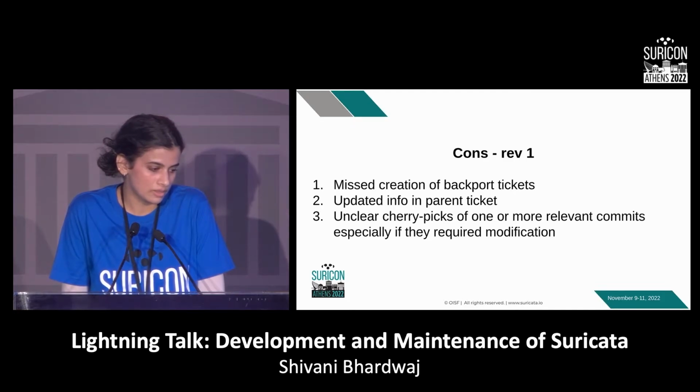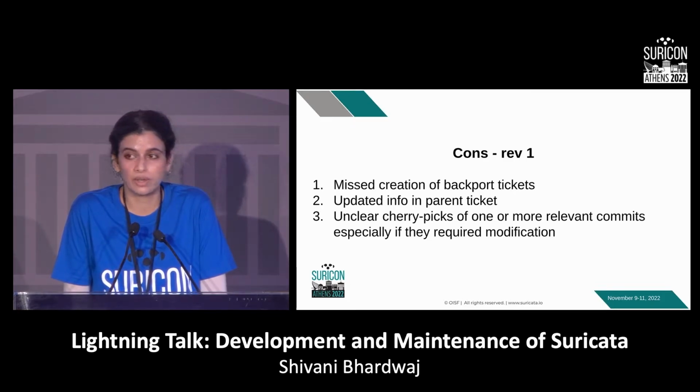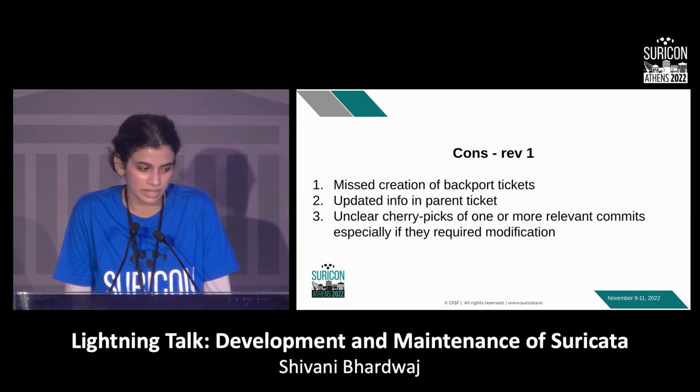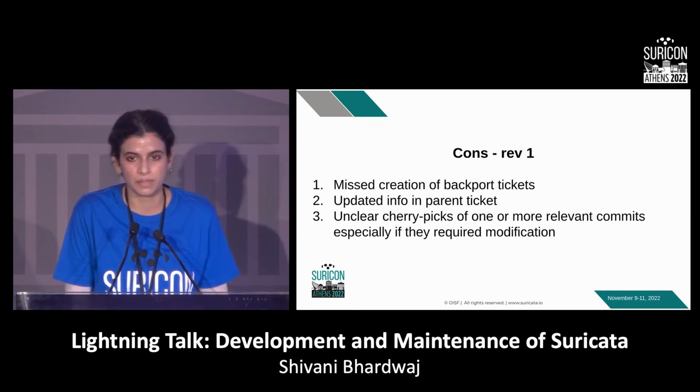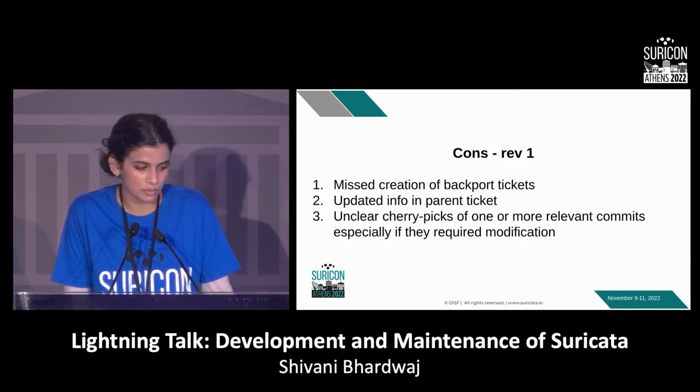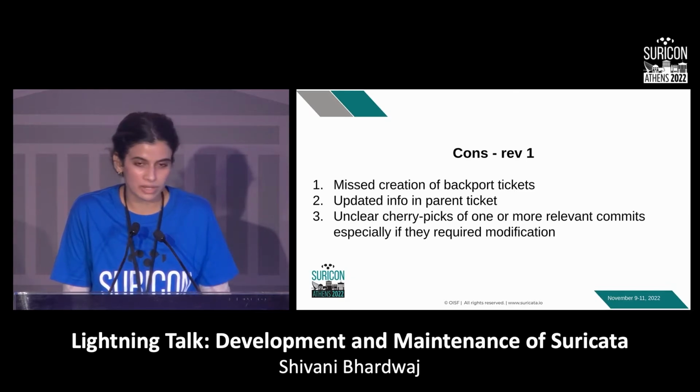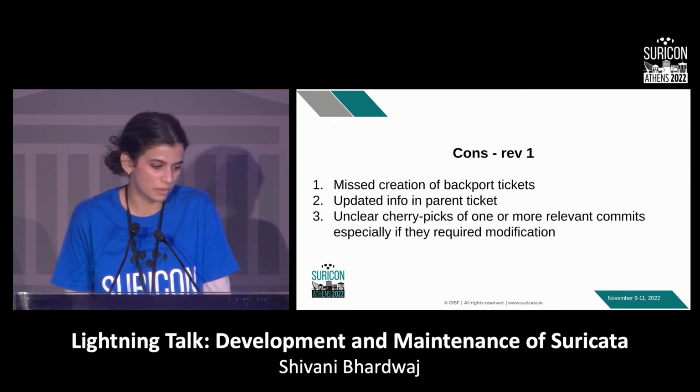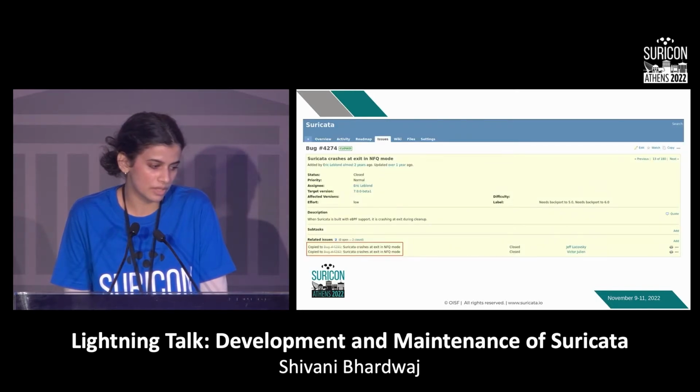And cherry picks were unclear. If we wanted to go back and see where in master this fix happened, it was not very clear. We would have to go through looking a lot more than should be required. So these were the issues.